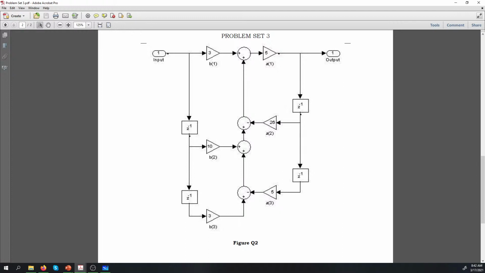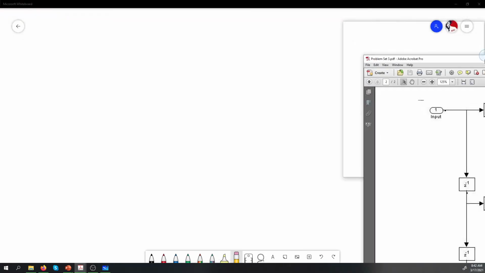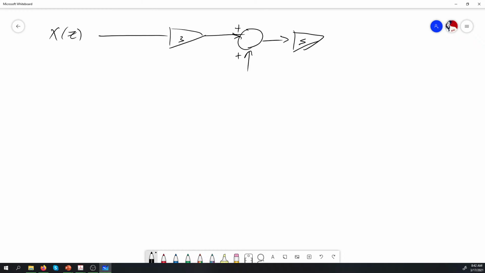So, alright, let me do my sketch here in particular. Inputs here, what you can say is z. Carry this across. 3. Transformation junction. Carry this across here. 5. Output z.